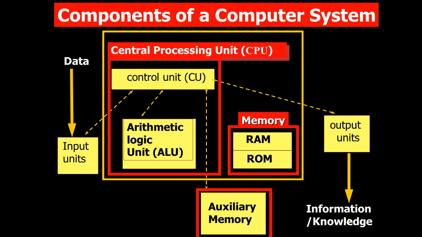It goes inside the central processing unit. Once the processor has made sense of what you're doing, you see it as output, using output units such as the monitor, and it becomes information or knowledge. Depending on what you're working on, you can save it as auxiliary or external memory. We'll look at most of these in detail later. Let's move on.